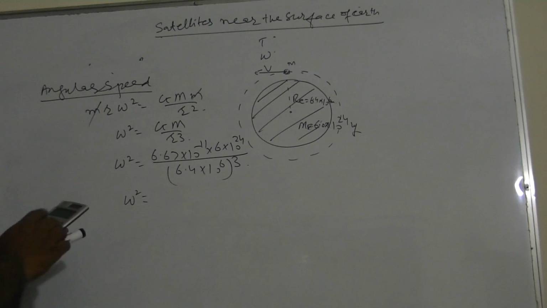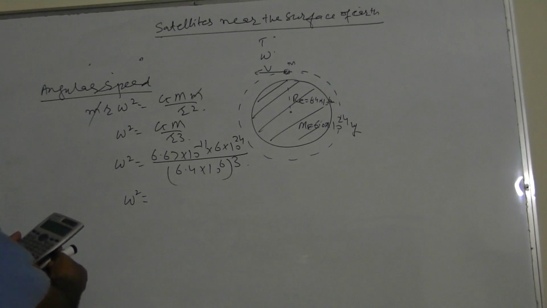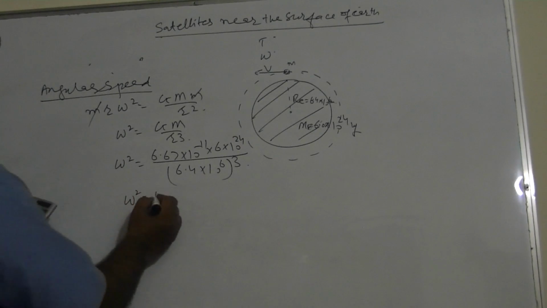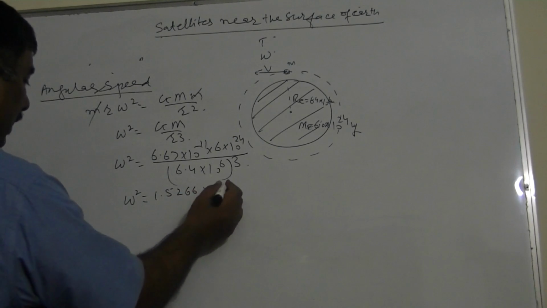So omega square is 6.67 into 10 power minus 11 into 6 into 10 power 24 divided by 6.4 into 10 power 6 whole cube, and it's coming out to be 1.5266 into 10 power minus 6.